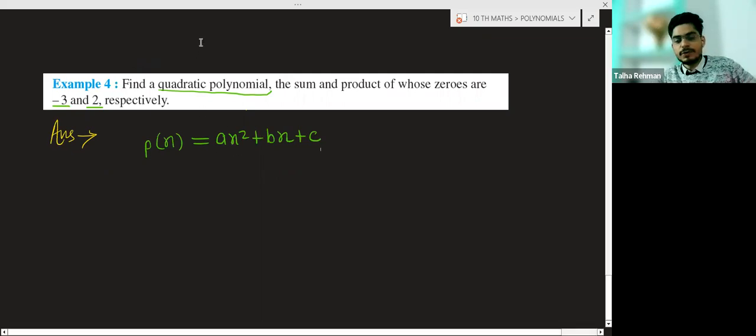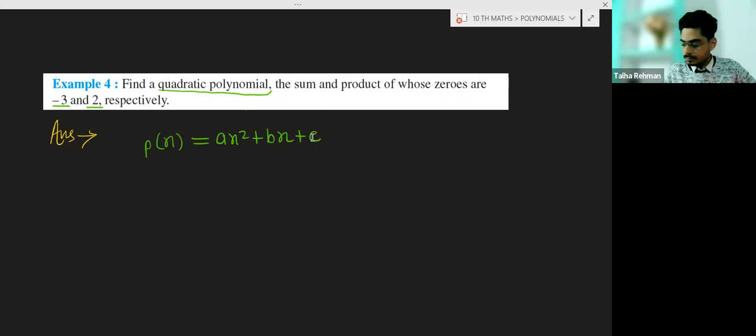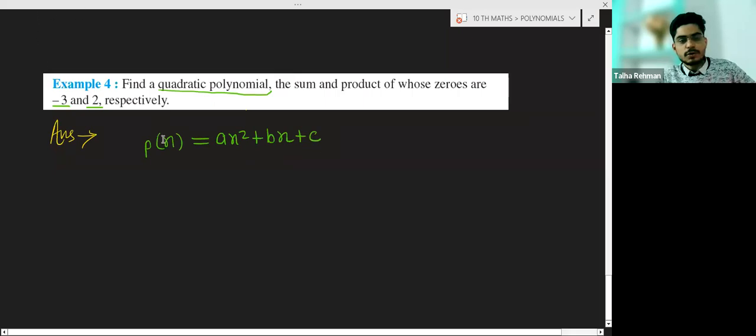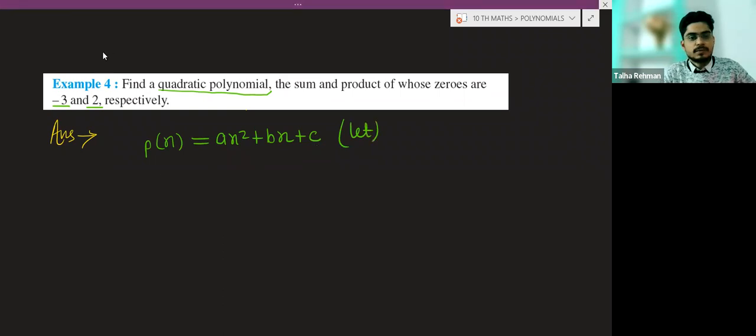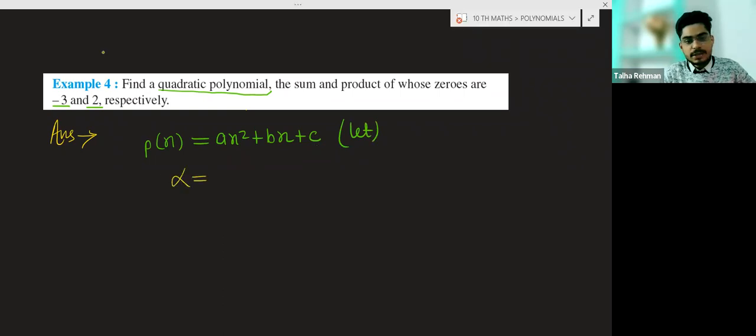So basically we want to find the value of a, value of b, and value of c. These are the two zeros of this quadratic polynomial. So alpha you can take -3 and beta you can take 2.